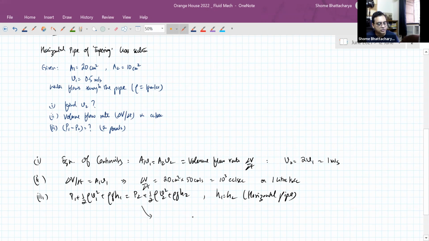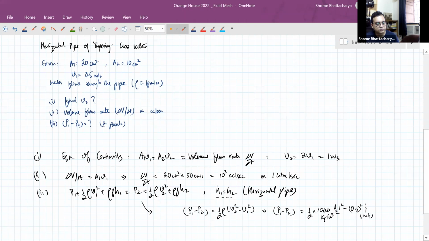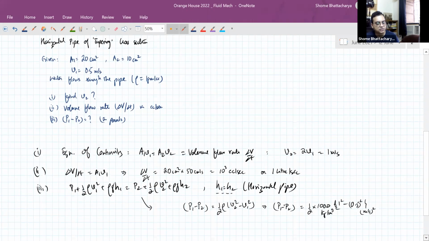Now from this we can see that P1 minus P2, this pressure difference, is equal to half rho into V2 square minus V1 square, because H1 is equal to H2. So this will give us the pressure difference in pascals.